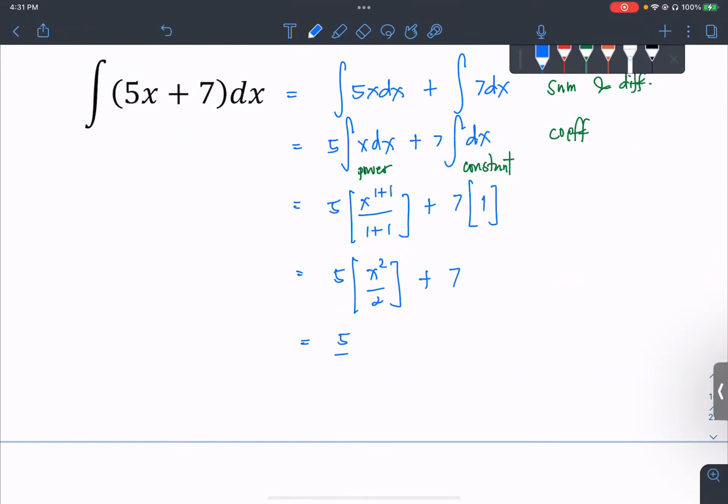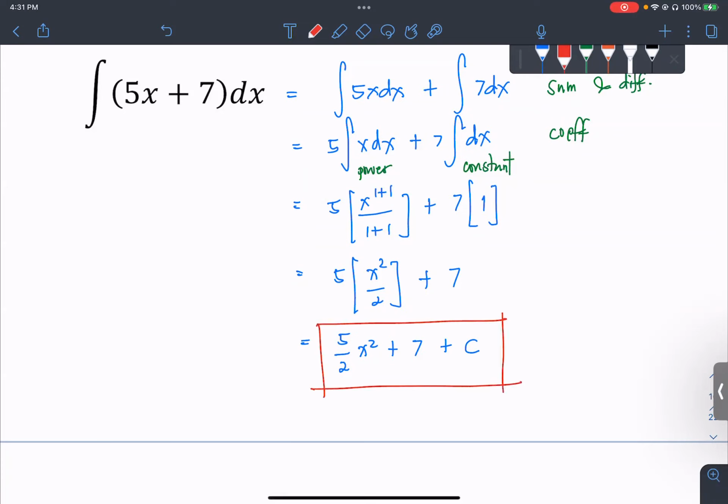Then we combine: 5 times one half is 5 over 2, x squared plus 7x, and afterwards, plus c. So we have 5 over 2 x squared plus 7x plus c. This is the antiderivative, or the integral of the given function 5x plus 7.